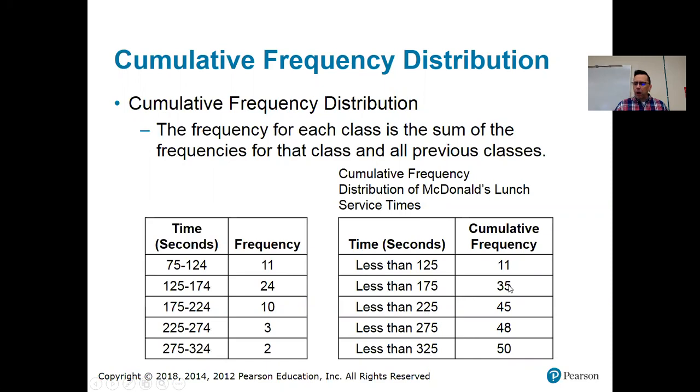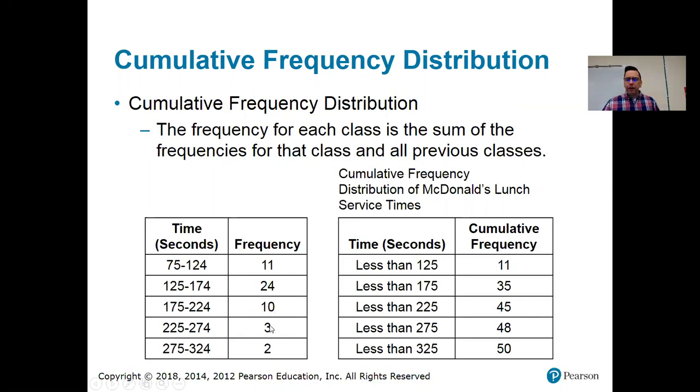The second one, this 35, comes from doing 11 plus 24 is 35. And then the 45 comes from doing 11 plus 24 plus 10. See how that works? So it's saying that the number of customers who had to wait for 225 seconds or less is 45.